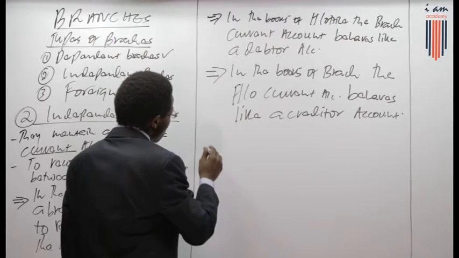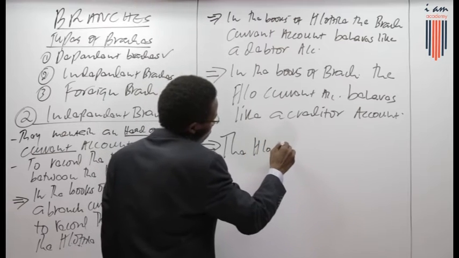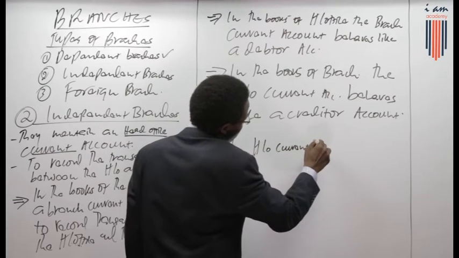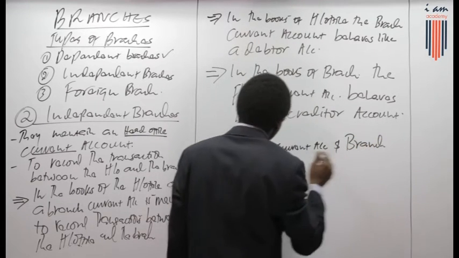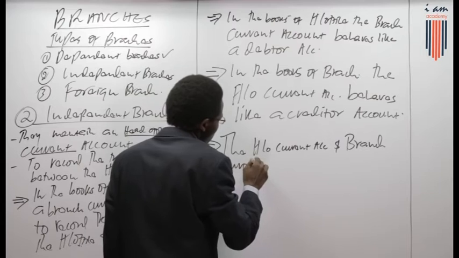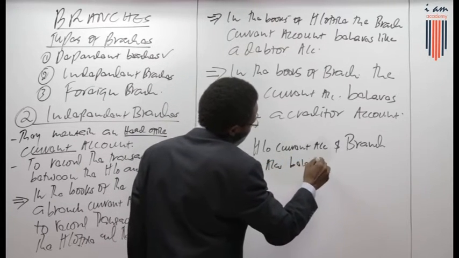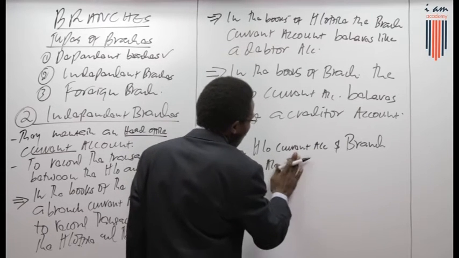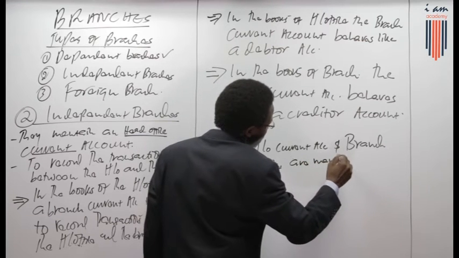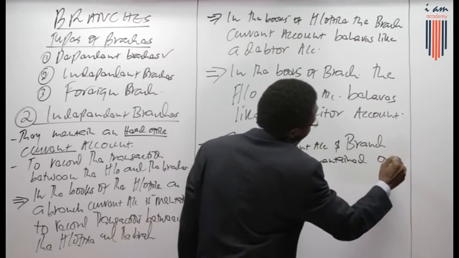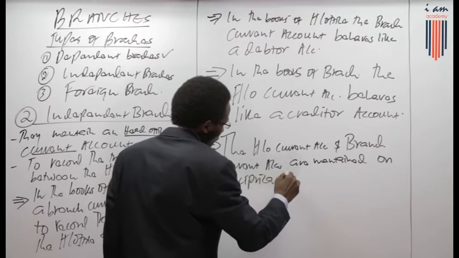The two accounts, the head office and branch current accounts, are maintained on a reciprocal basis.